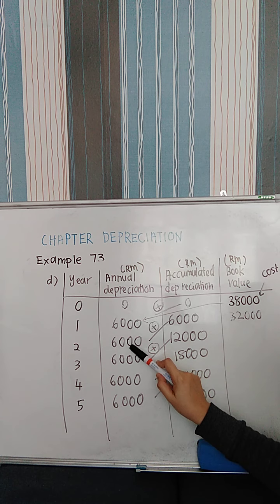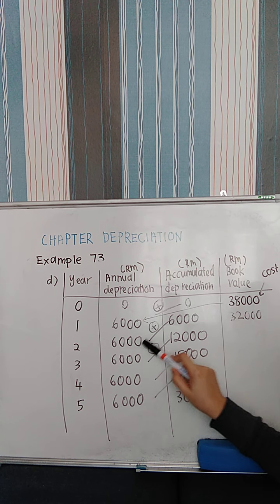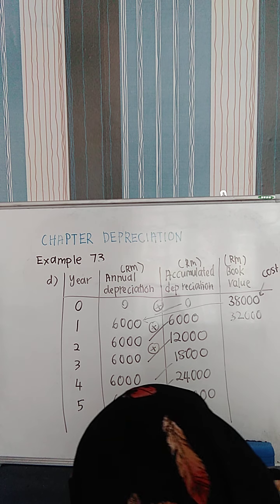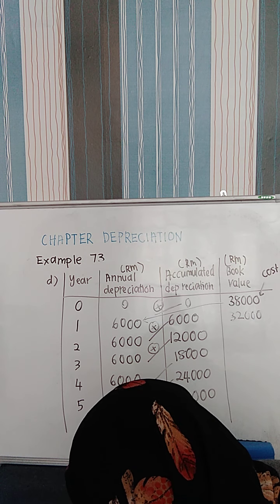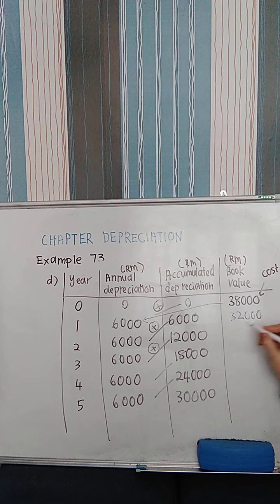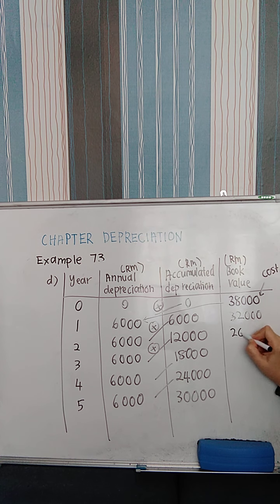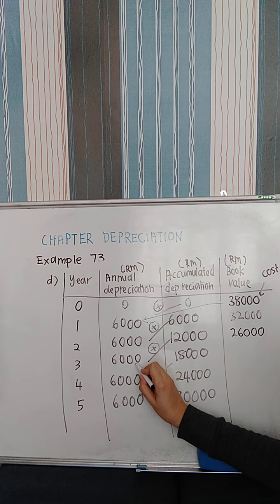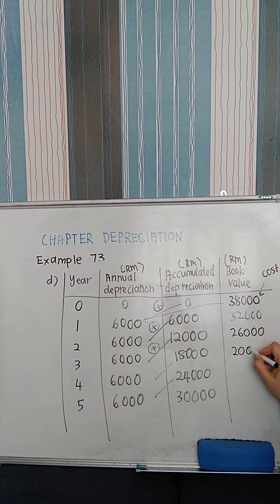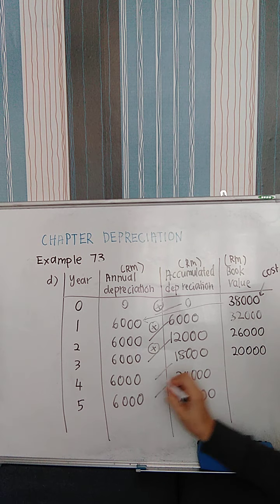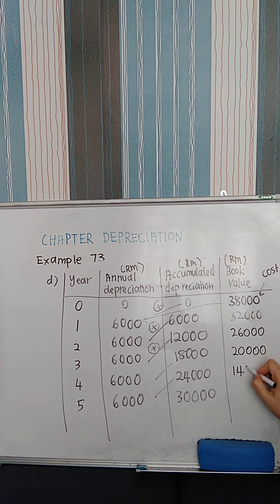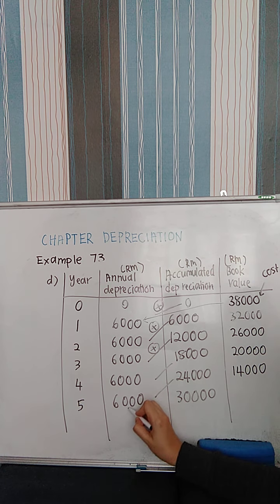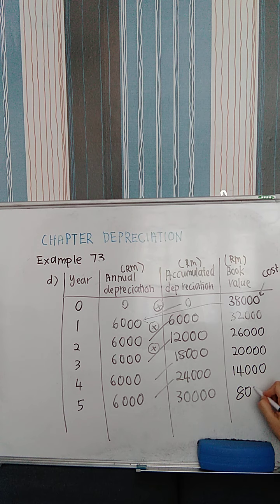You minus the annual depreciation, minus 6,000, is equal to 26,000. And then you also minus 6,000 here, 20,000. Then you minus 6,000 here, 14,000. And then you minus 6,000 here, 8,000.